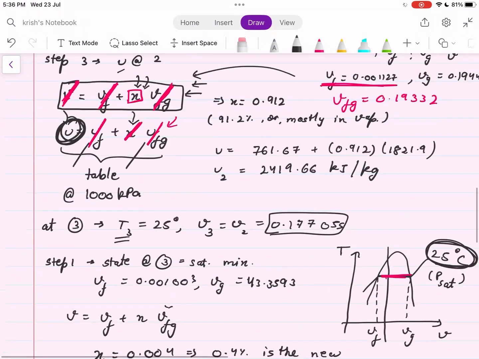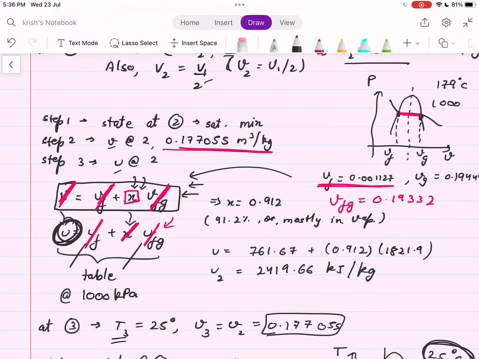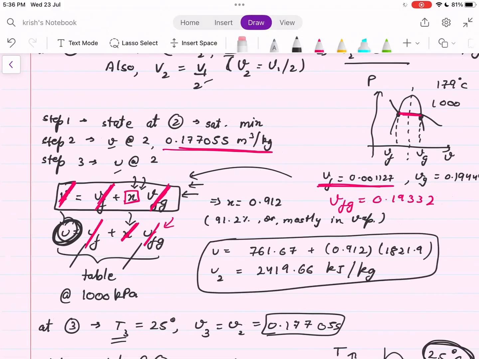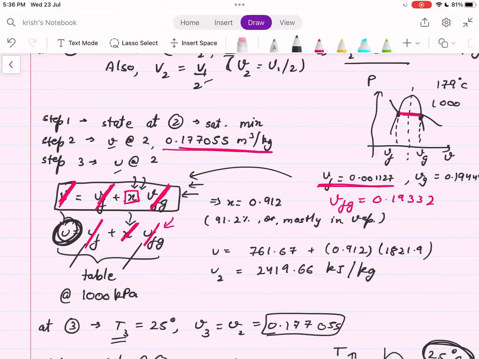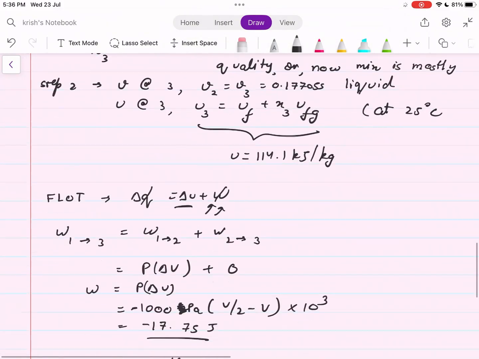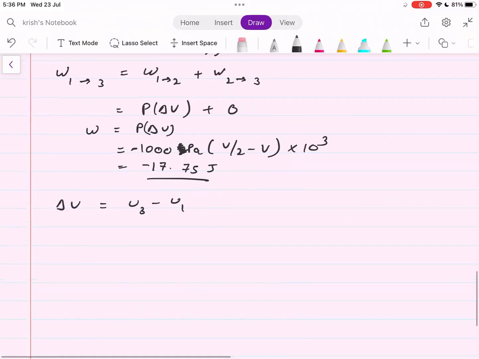So a conclusion that can be drawn is that you did not need to actually do this process at state 2. However, if you are just starting out, I would highly recommend that you always do this process. In the last 2-3 questions, I will begin skipping this, but for now, we have found it, even though we are not using it. So delta U comes out to be U3 minus U1.